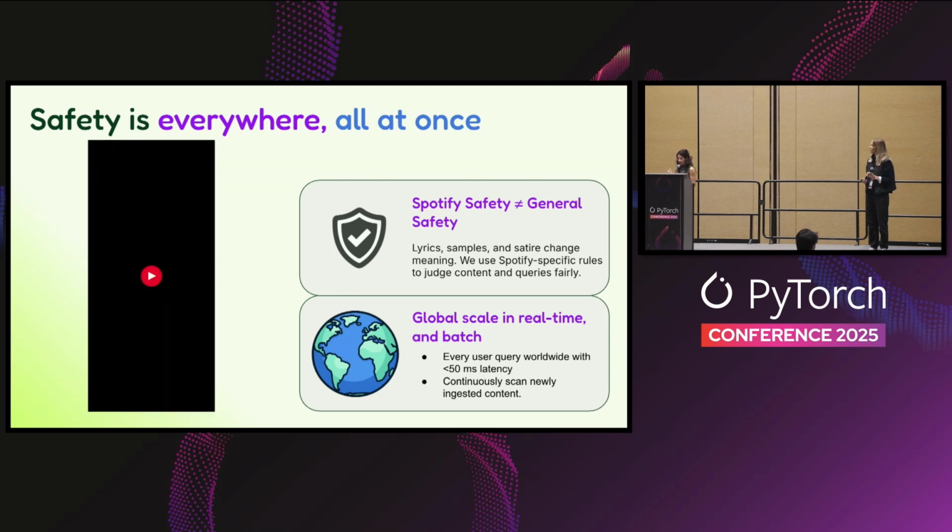Safety is everywhere, all the time, and preferably undetectable to the user, which means that every search, every AI playlist creation, every DJ interaction has to happen in less than 50 milliseconds of latency. And in infrastructure translation, that means really optimizing vLLM using fields like max number of sequences and max number of batched tokens to optimize for latency, to be under our latency requirements for this feature.